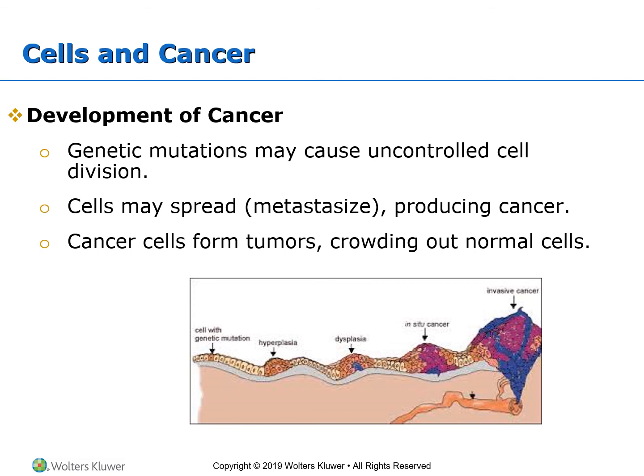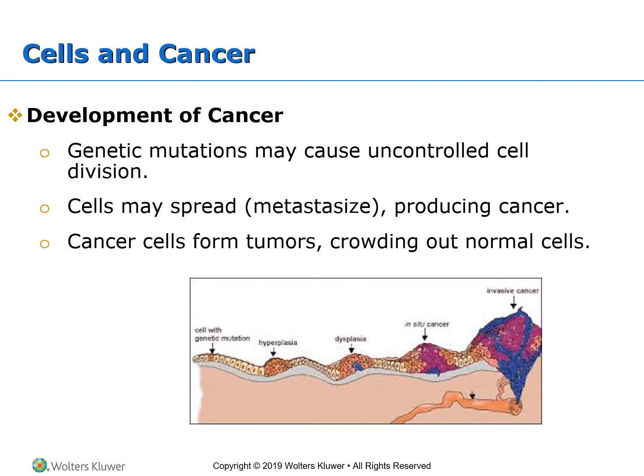And due to that genetic mutation, a process that is called hyperplasia will start. There will be an increase in the number of cells in that area that is not related to any kind of increased function of that organ.